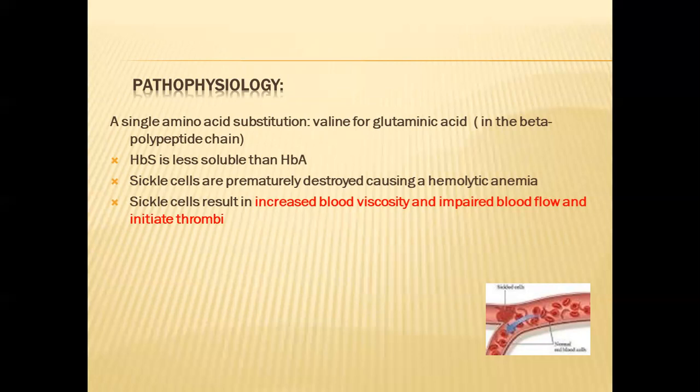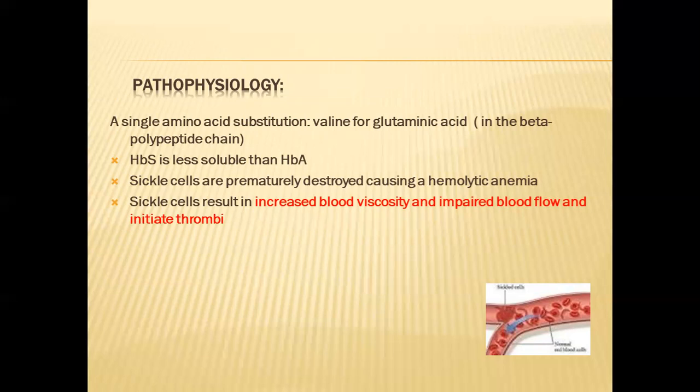Sickle cells are prematurely destroyed because of their shape, causing hemolytic anemia. And sickle cells result in increased blood viscosity and impaired blood flow and initiate thrombi.